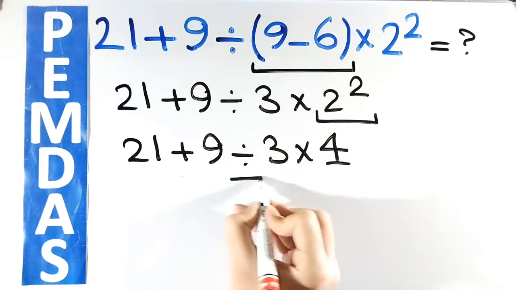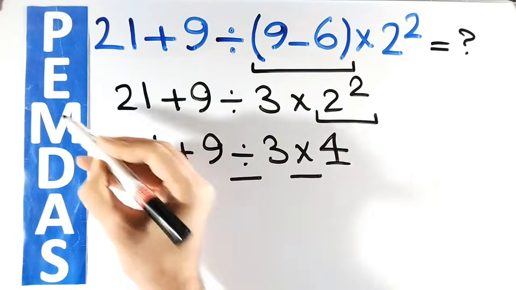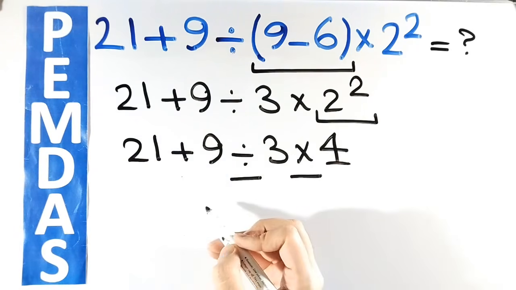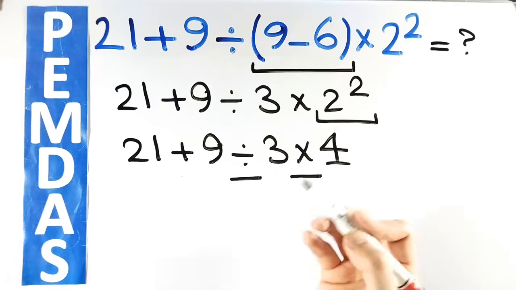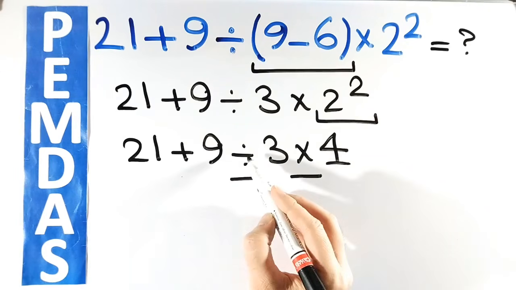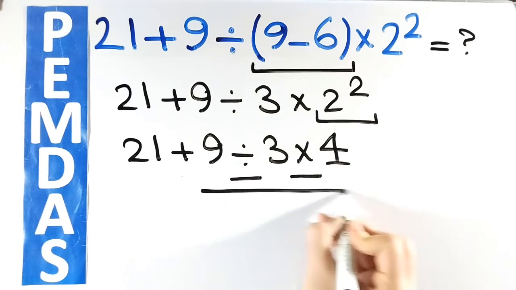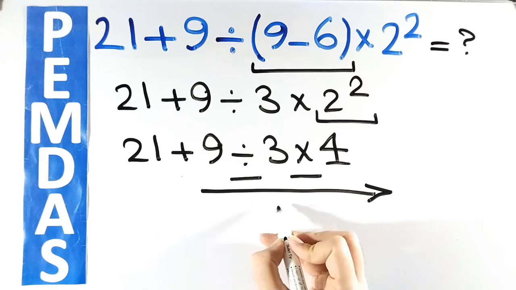Then, we go for the division and multiplication because multiplication and division have a higher priority than addition. However, we must pay close attention that multiplication and division have equal precedence, and we must perform these two operations from left to right.